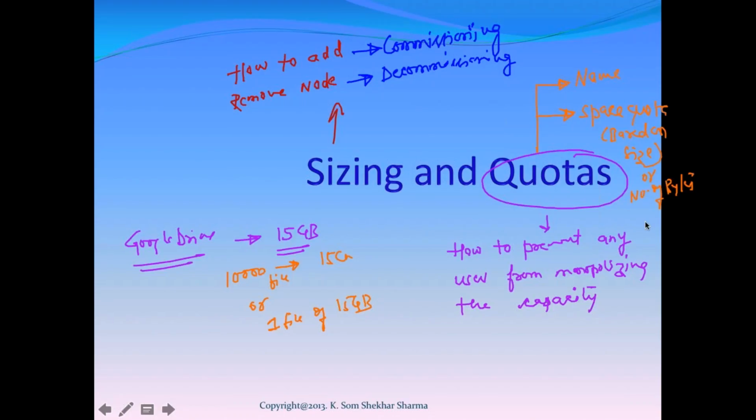And the name quota will depend on the number of files you can store. So there are two kinds of quotas which we are going to understand very soon. That's today's topic which we're going to cover.